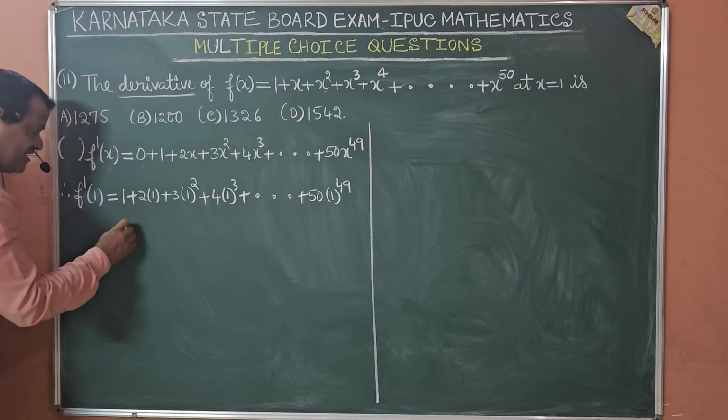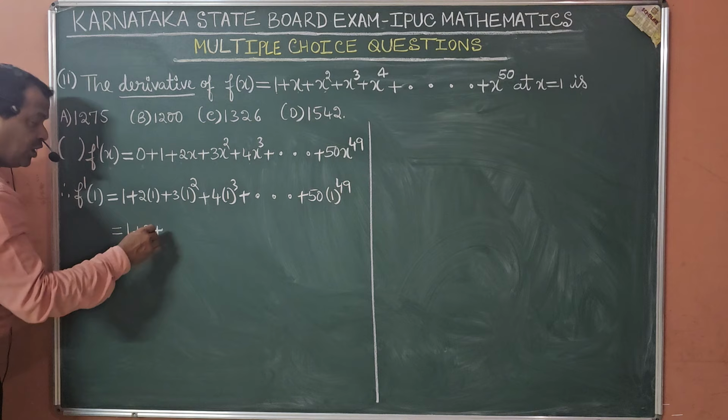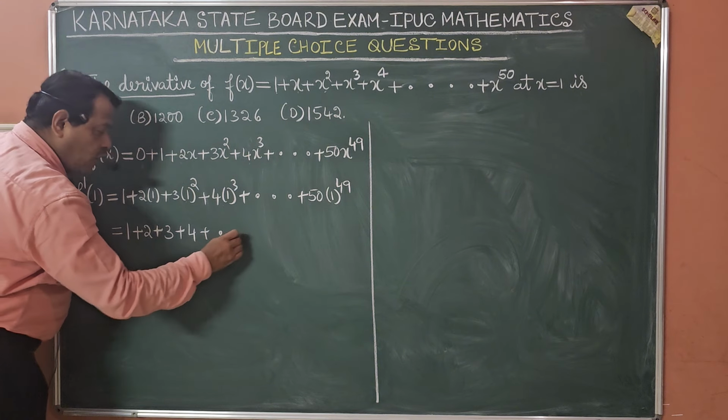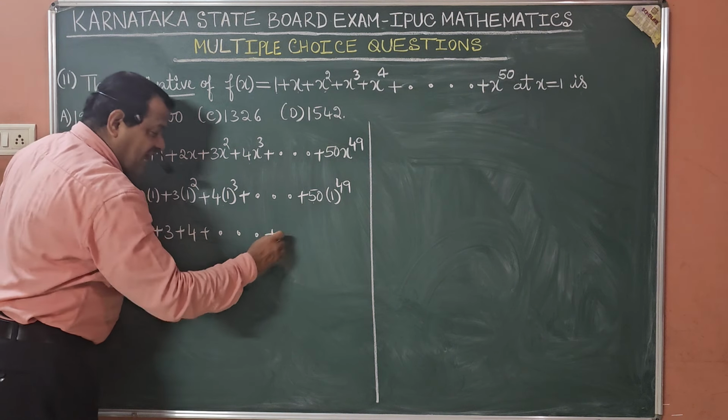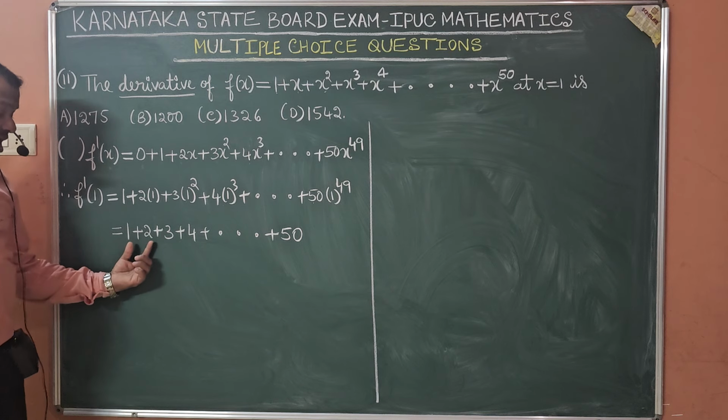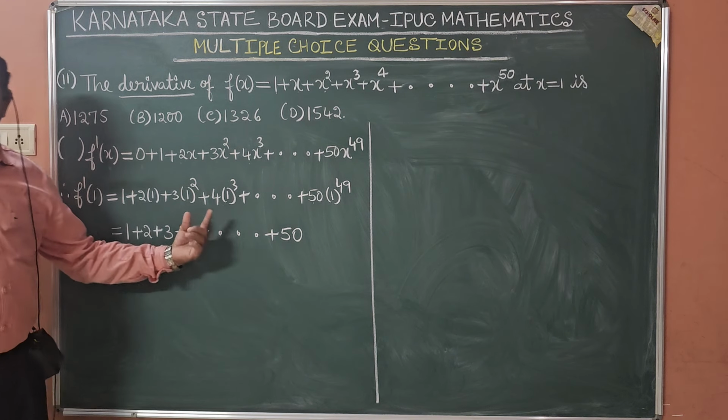We will get this sum as 1 plus 2 plus 3 plus 4 and so on, plus this last number 50. Hence it is the sum of the first 50 natural numbers.